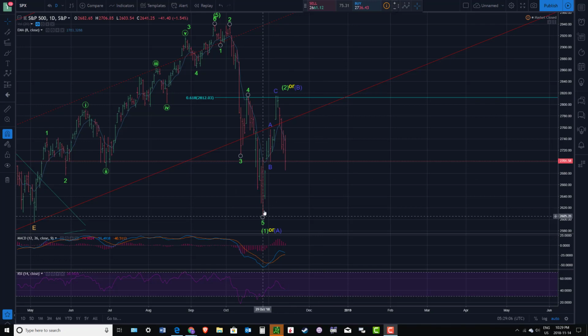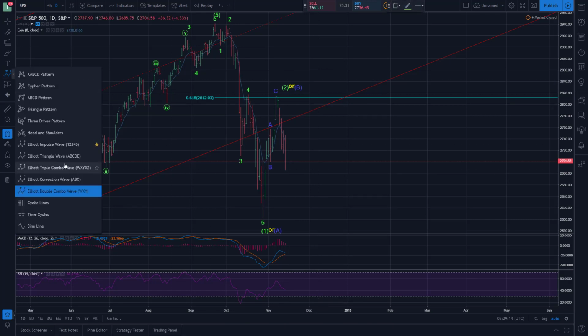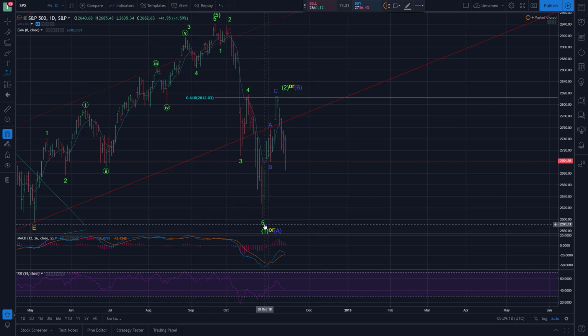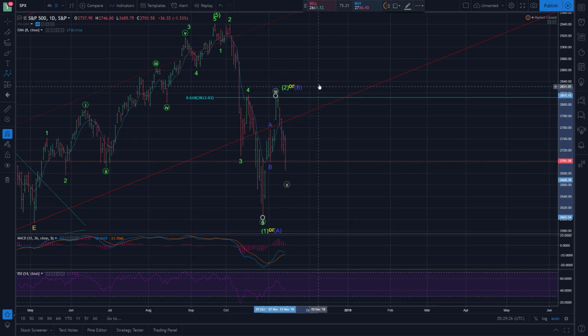Now that's the simplest and currently looks to be the probable scenario in play. But I will just go over the alternative that could still be happening. And again, we could still be developing a more complex correction upwards in a W, X, Y, for instance.